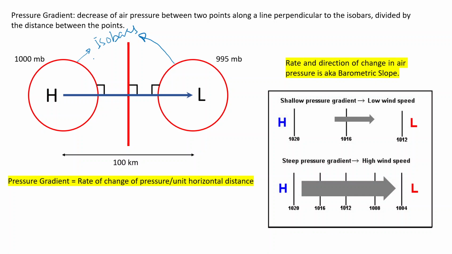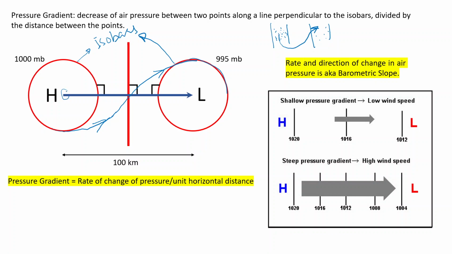So in this case, the air will start to move from high pressure to low pressure like this. Try to understand it this way. If we have two air columns, here the amount of air is more, and here the amount of air is less. So definitely the one which is having more will give it to the one which is having less. As simple as that.